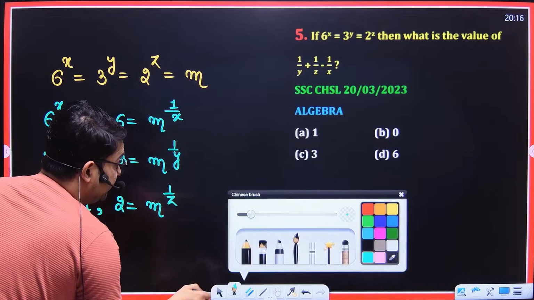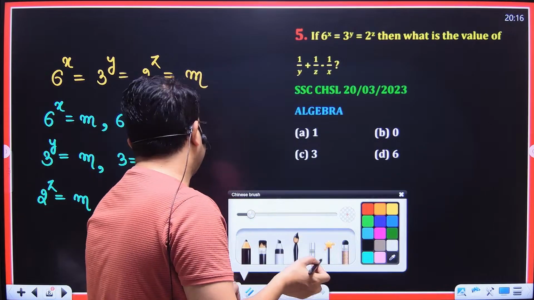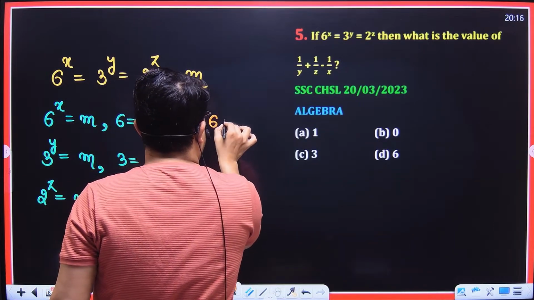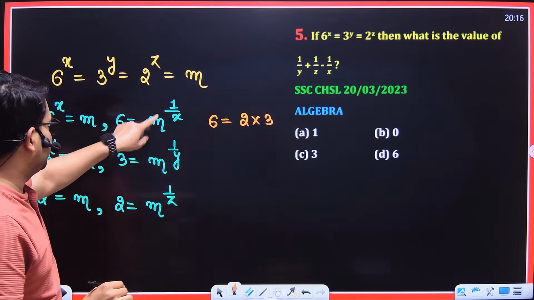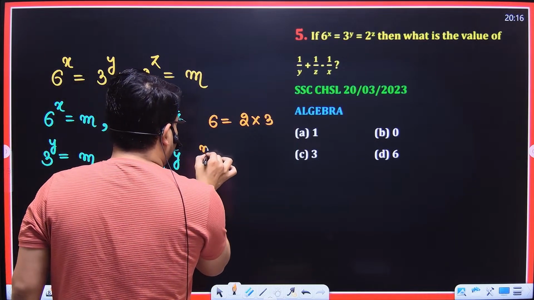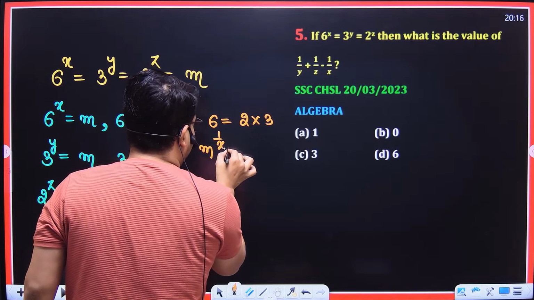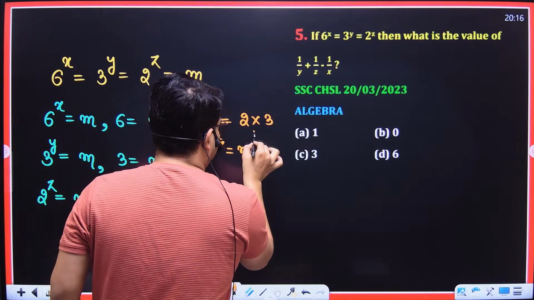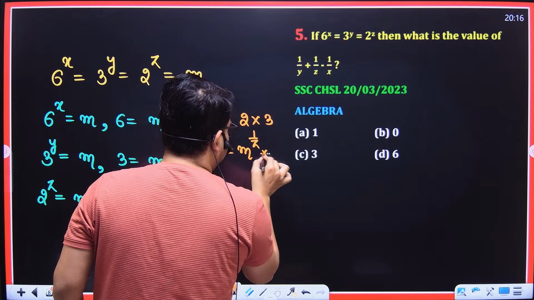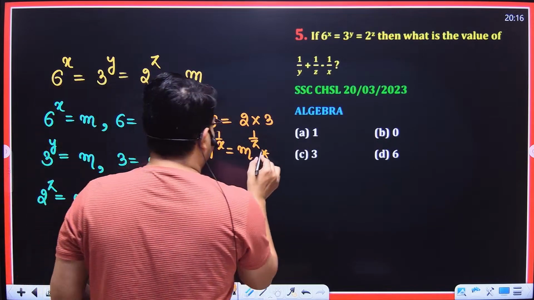We know that 2 into 3 is equal to 6. 6 is equal to m to the power 1 by x. 2 is equal to m to the power 1 by z, and 3 is equal to m to the power 1 upon y.